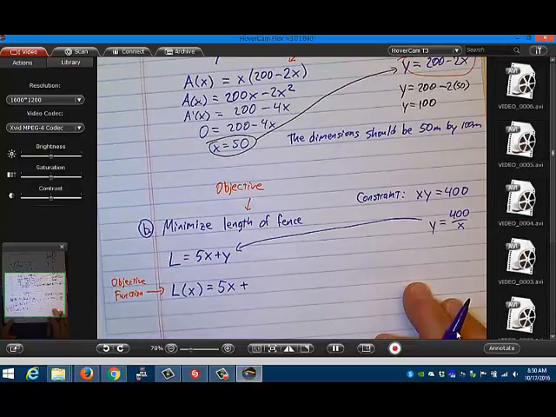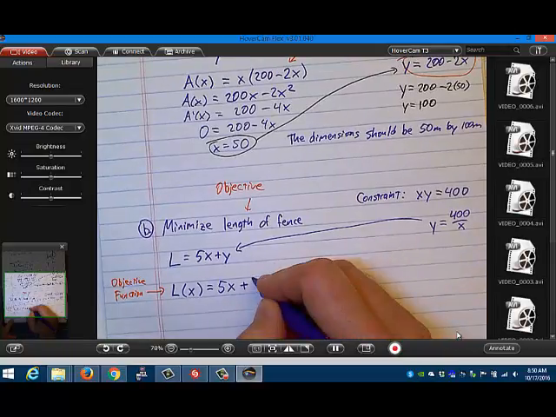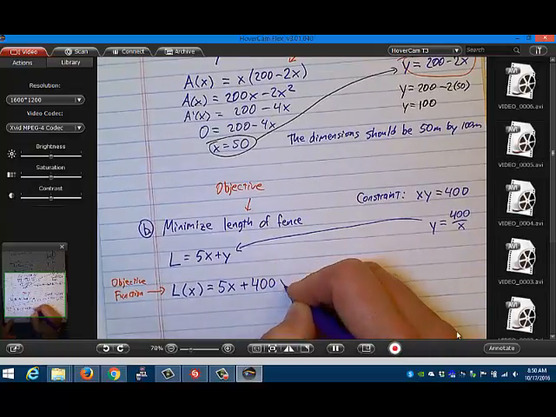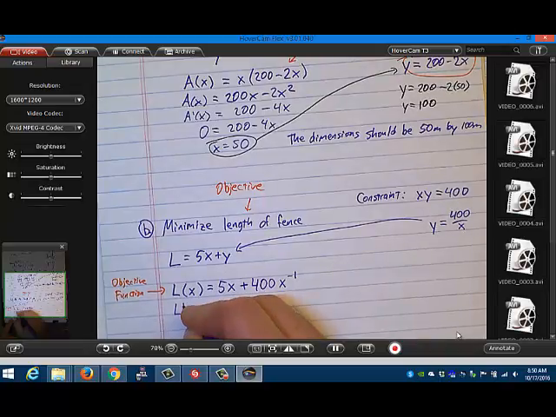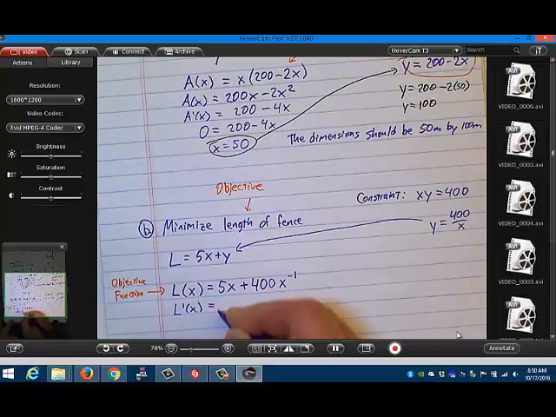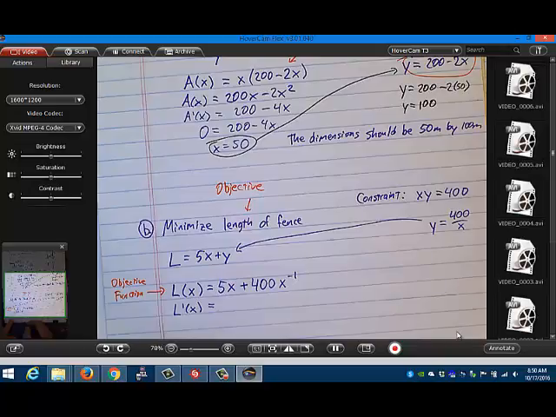Yeah, 400 over x. Are you guys okay if I write it this way? I'm trying to save time. 400x to the negative first power. Is that okay? And why would I do that? That's the easy way to take the derivative, right? So we're going to take the derivative now. L prime of x, what does it equal? Oh, good question. What does it equal?